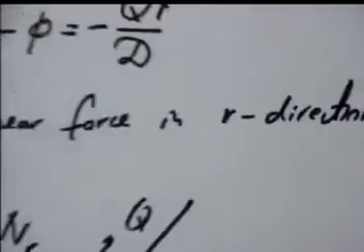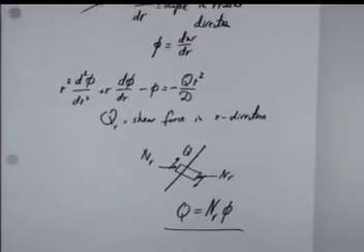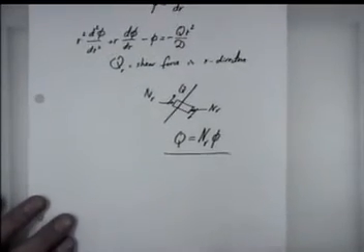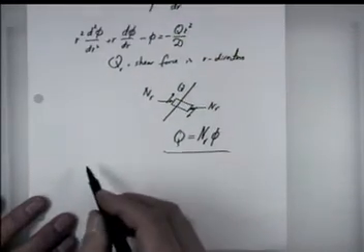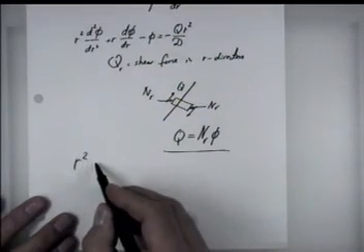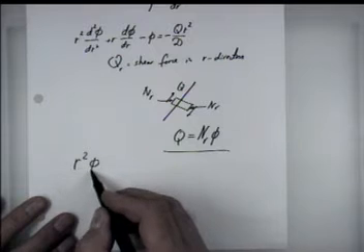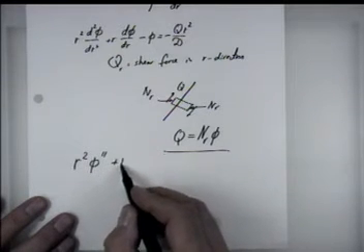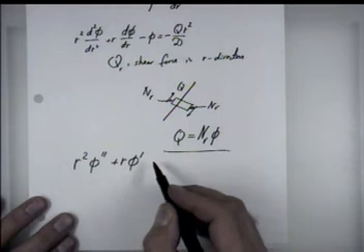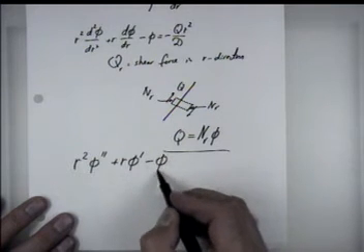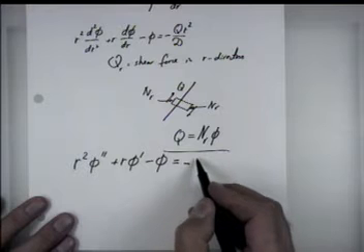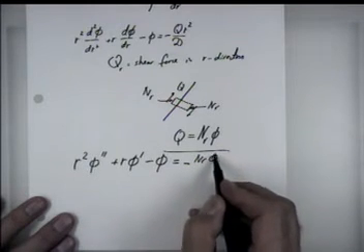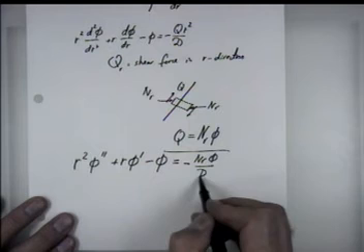Now, if that is the case, we substitute this back into the differential equations. Q_R is connected with N_R and phi. So we get r squared phi second derivative, plus r phi first derivative, minus phi, equals minus Q, which is N_R phi over D, r squared.